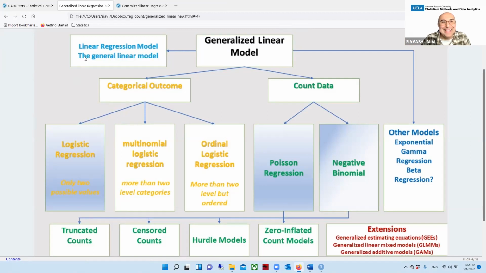And then there is the general linear model, which is a more general form of linear regression model. So don't get confused between the words general linear model and generalized linear model. We are not going to discuss this model. It's not very difficult, it's very straightforward, but it's not part of this workshop. Of course, we go over the linear model a little bit as an overview.